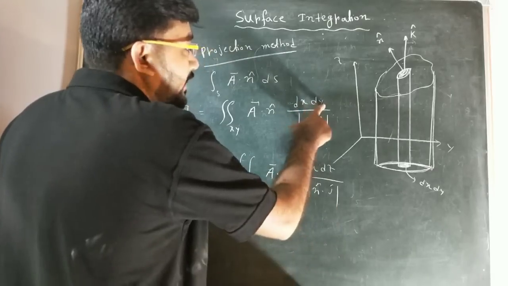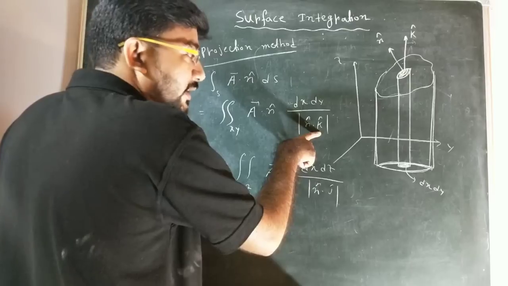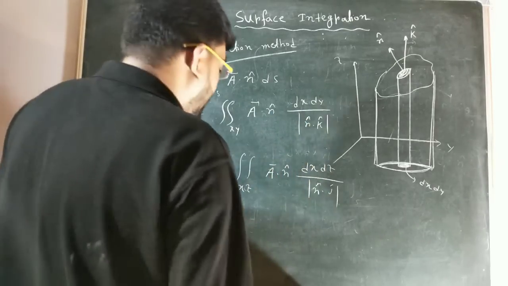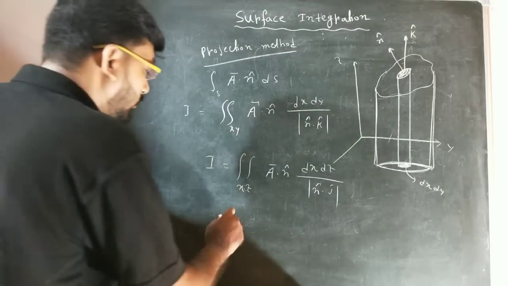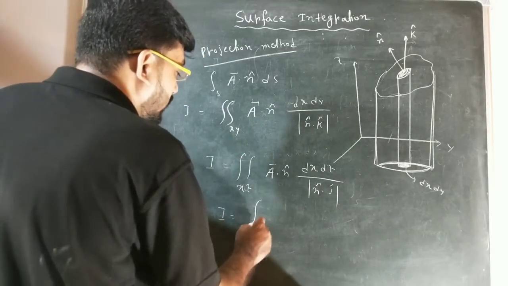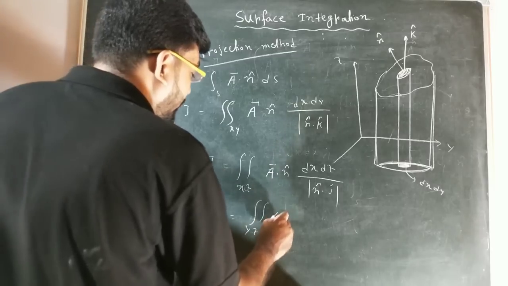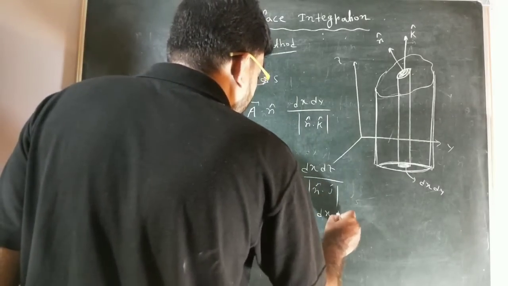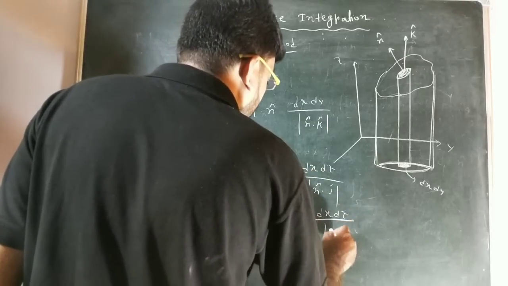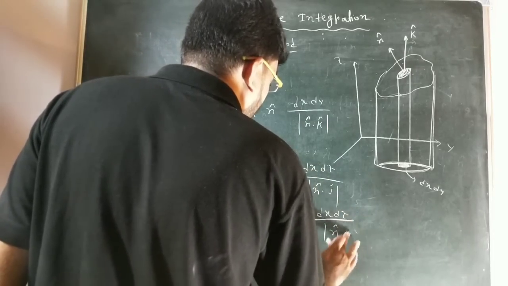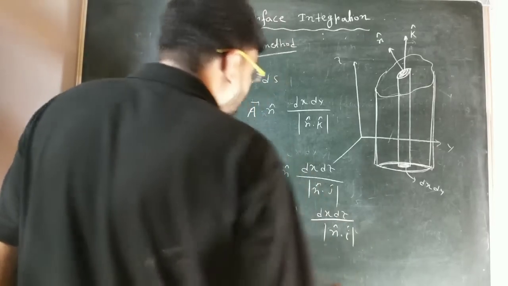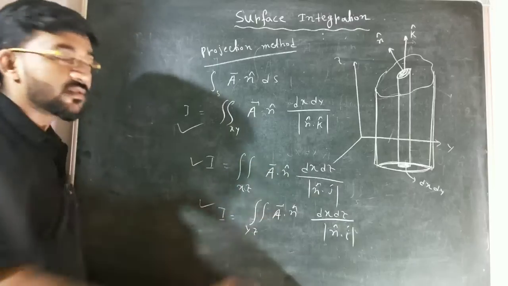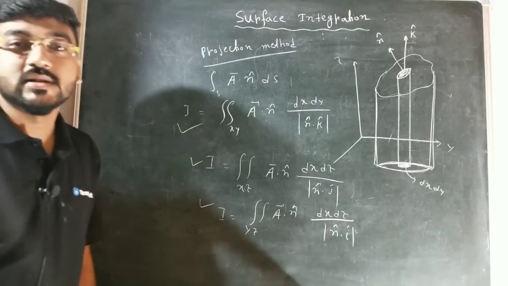So when there is xy, we take the unit vector of the z axis, when we have xz we take the unit vector of the y axis, and when you want the projection on the zy or yz plane, you will have dy dz divided by mod n dot i cap. According to the problem, by using any expression you can solve the problem very easily.